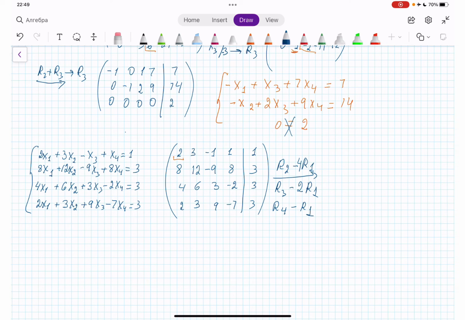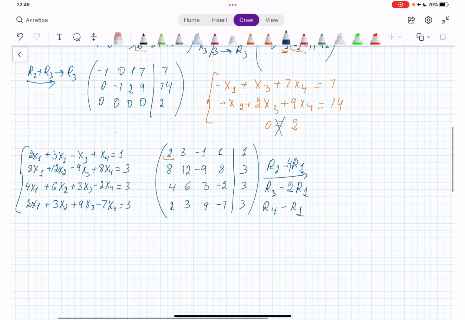So I'm going to do everything at once. First I'm working on R2 minus 4 times R1. Let's write down 4 times. It's going to be 8, 12, negative 4, 4, and 4. So we are going to do 8 minus 8, 12 minus 12, negative 9 minus negative 4, and so on.